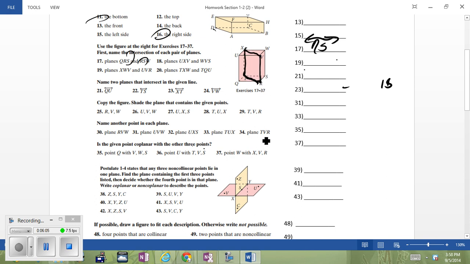Now, is the point W on that plane? It is not, okay? So for number 37, W is not coplanar with XVR. If it's not coplanar, it is said to be non-coplanar.